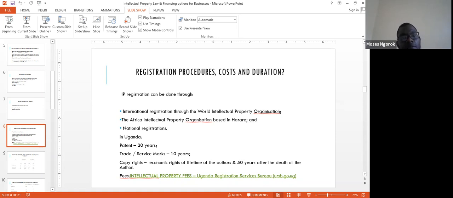For example, for patents, examination means they want to see whether your product is novel and industrially applicable, and has not been used or created somewhere else in the world.